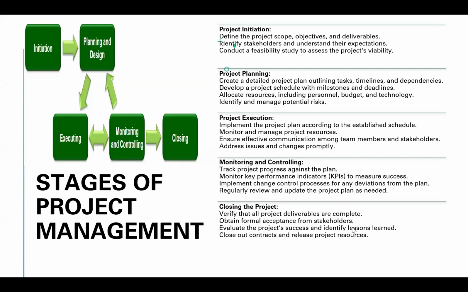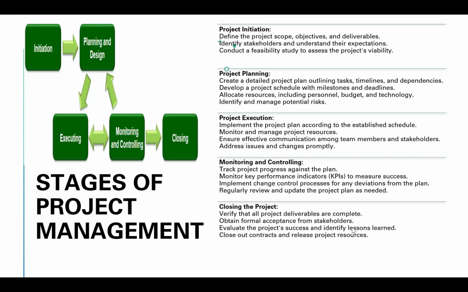Now, there are generally the stages of project management. It starts from the initiation stage, goes to the planning and design stage. Then we have the executing, monitoring and control stage before the closing.